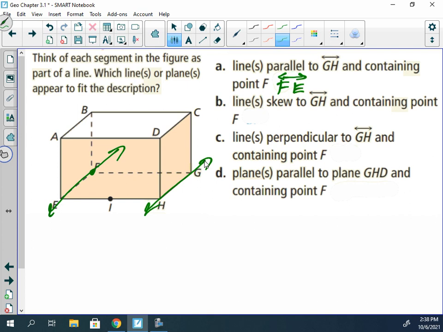So the bottoms of this rectangular prism would work. What about DC? DC would be parallel to GH, but it wants it to contain the point F, so it's going to want that one. Now, if it just said name a line parallel to GH, then DC and EF would both work.